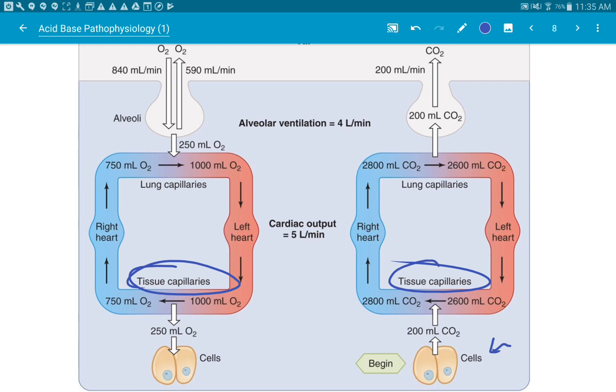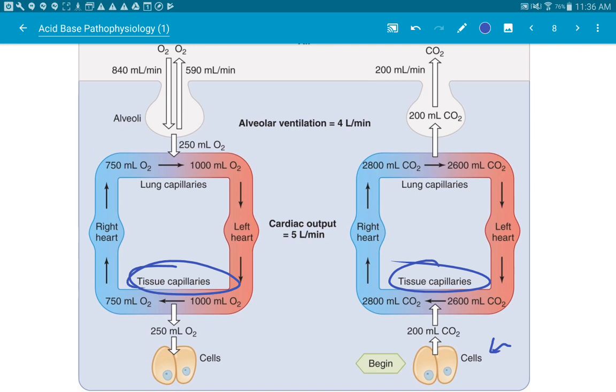So it's very synergistic; they work in opposites of each other. But it's not 100%. You could find a hemoglobin molecule that has some oxygen on it and some CO2 on it, but they don't really like each other. They want to force each other off. And the opposite happens in the lungs. The oxygen helps force the carbon dioxide off in the lungs. Okay, that's just a good side note there.